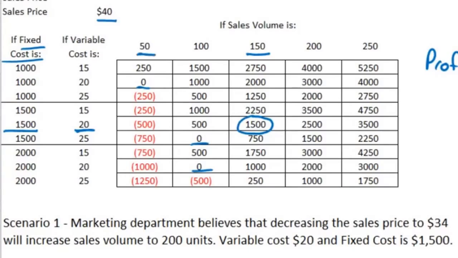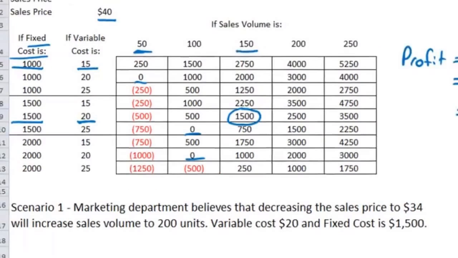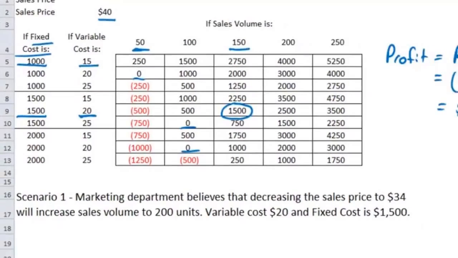If I only have a sales volume of 50, I pretty much have a loss in every case, unless I can get my variable cost to 15 and my fixed cost to 1000, which is pretty hard to do, probably impossible. So I know I have to have sales volume greater than 50, and this gives you a better overall idea where the losses are going to occur and where you are safe. If it's in the black font, you are safe, and if it's in the red, you have a loss. That's how a matrix like this can be used to make decisions.